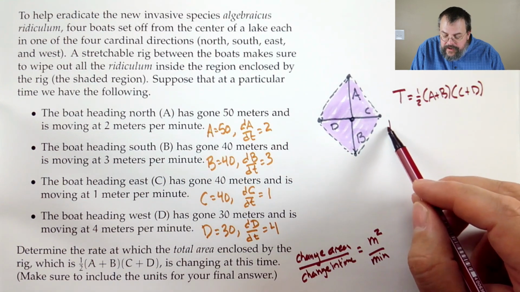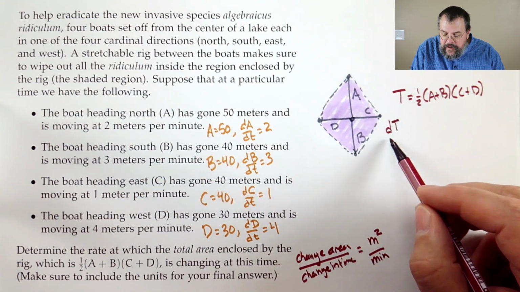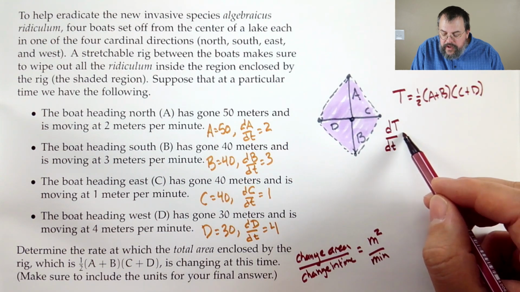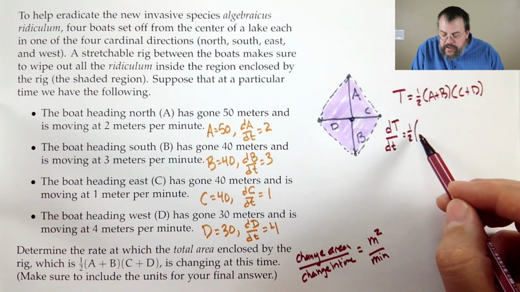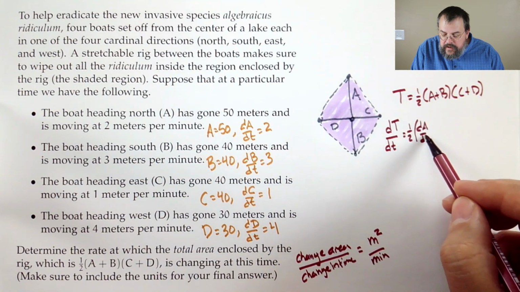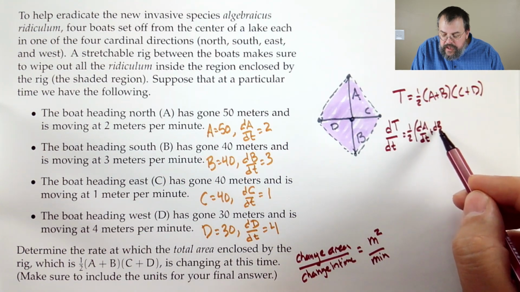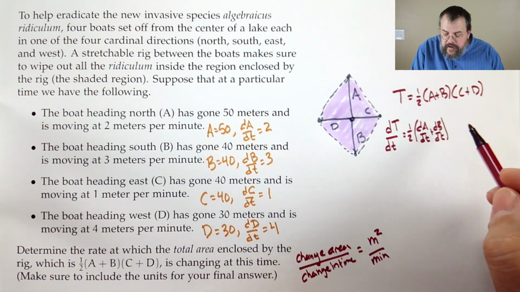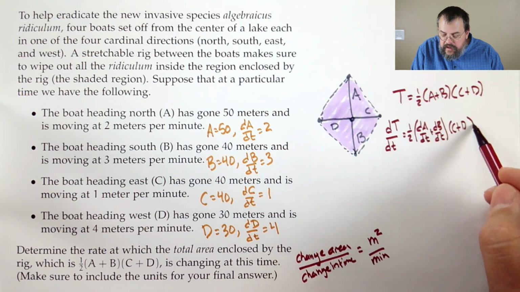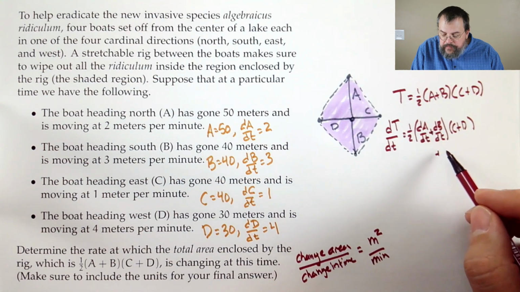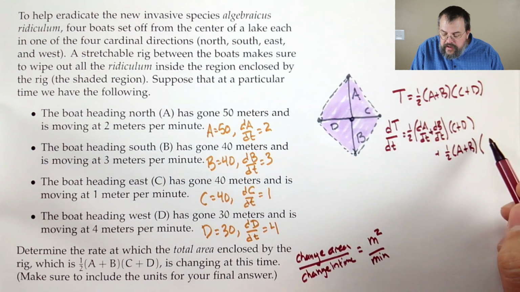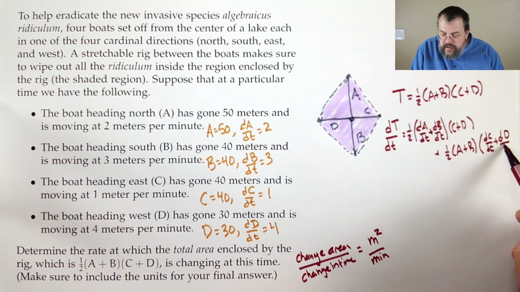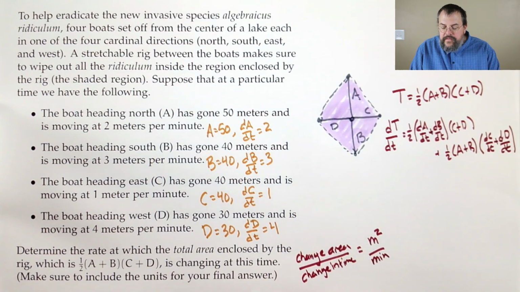So, taking the derivative of area with respect to time, we use the product rule. We take the derivative of the first, which would be dA/dt plus dB/dt, times the second, C plus D. Then we add to that the first, A plus B, times the derivative of the second, dC/dt plus dD/dt.